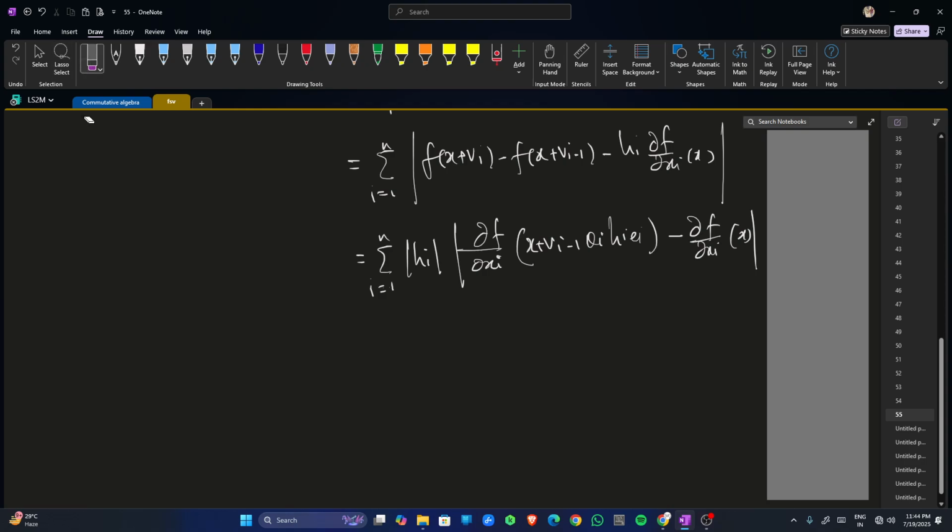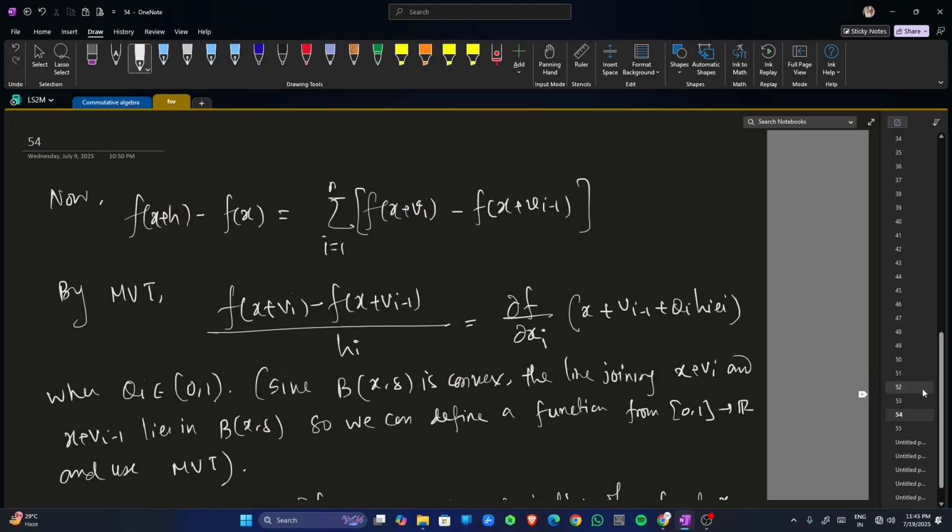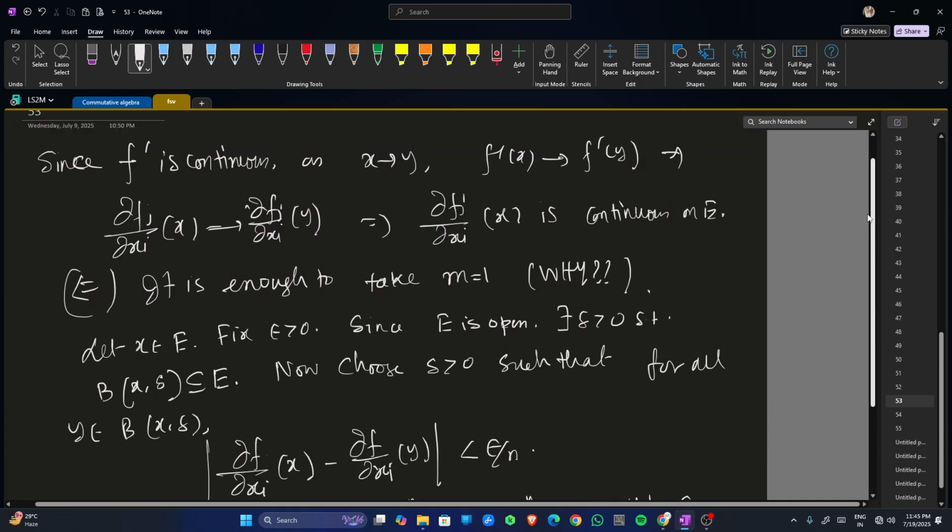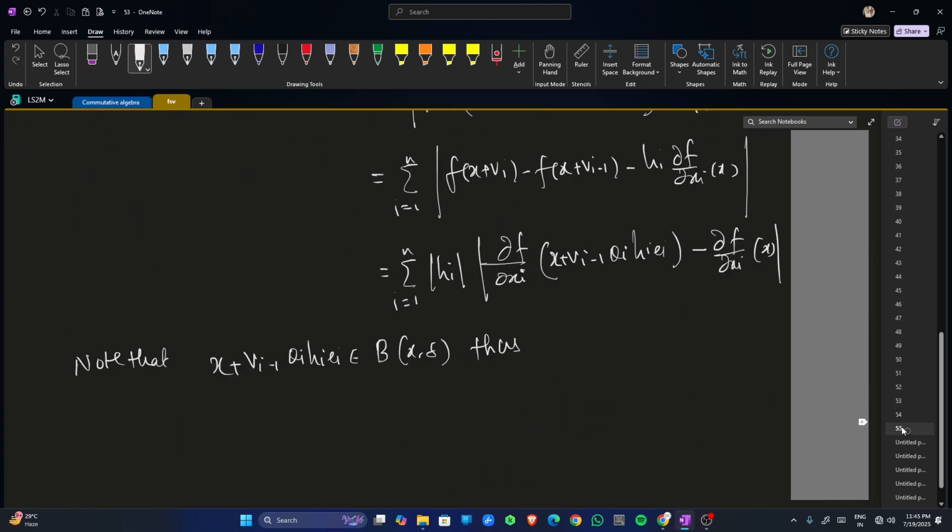Note that x plus v_{i-1} plus theta_i h_i e_i is in that ball. Thus, since it is in that ball, we can use this.